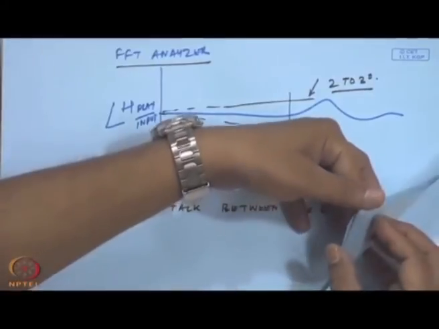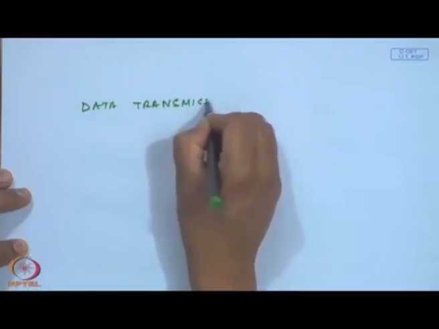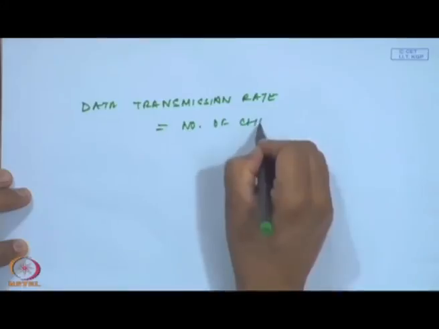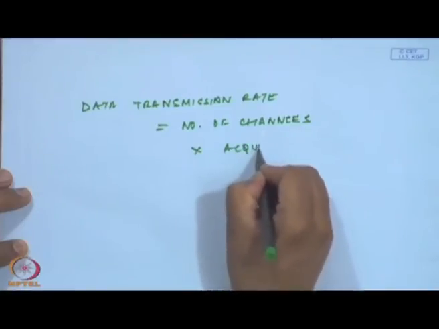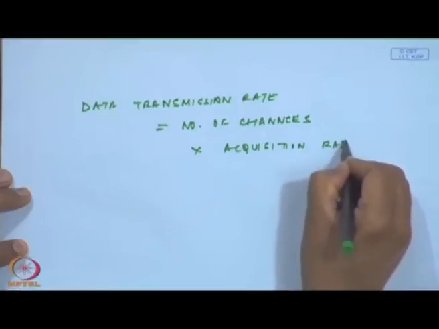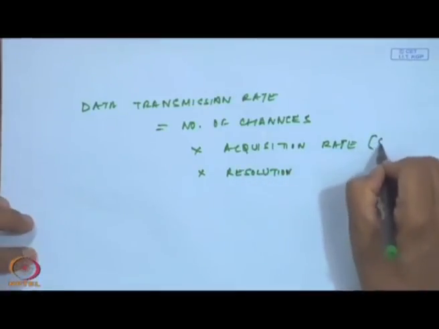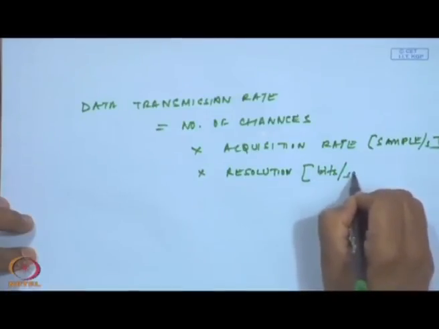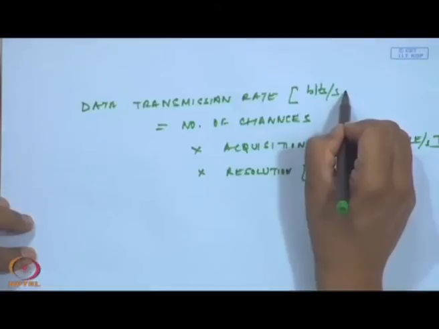So the data transmission rate is the number of channels multiplied by the acquisition rate multiplied by the resolution, and its units are bits per second.